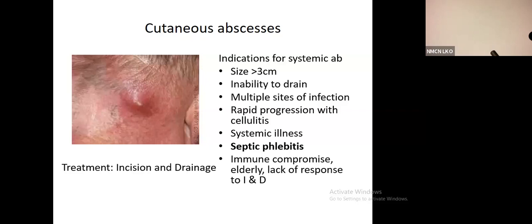Multiple sites of infection, rapid progression of cellulitis, patient has systemic illness, or patient has septic phlebitis. Septic phlebitis should be treated almost like an infected catheter because it is in the vein and from there it can disseminate to any part of the body. If there is immunocompromise, or the patient is elderly, or there is a lack of response to I and D, right?